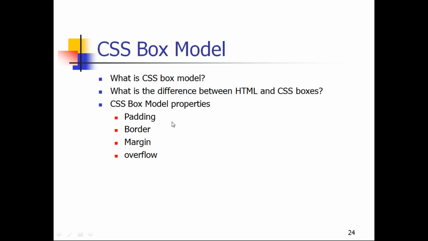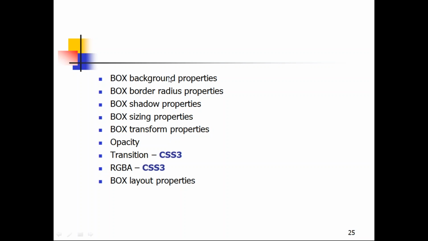I forgot to mention the overflow property inside the box model, I'll talk about that one. Okay, we have seen box background properties and box border radius properties. Let us go for box shadow properties.